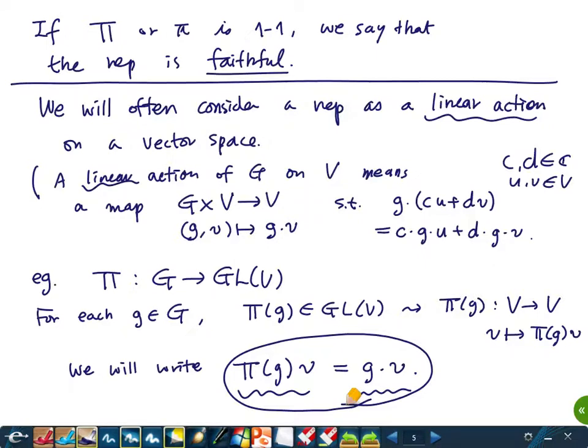But instead of understanding the group itself, we will look at how this group acts on something else, like a vector space. So for instance, suppose you want to understand someone in this room, maybe Im Dong-sun.